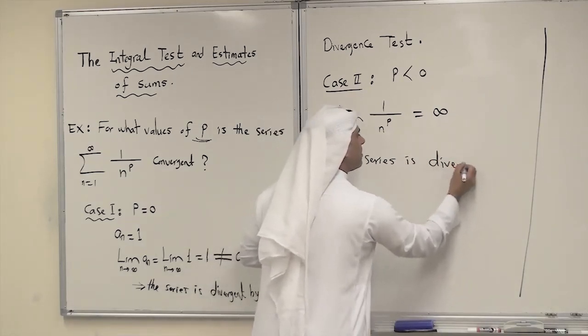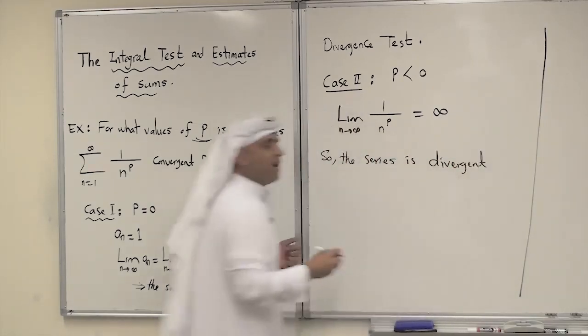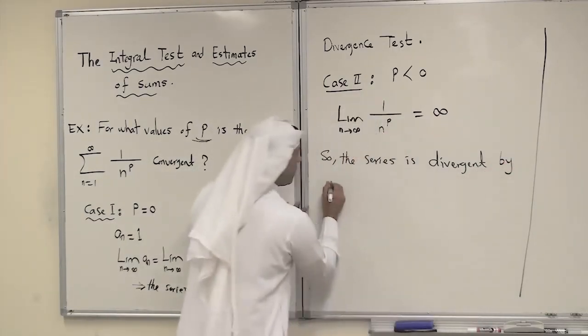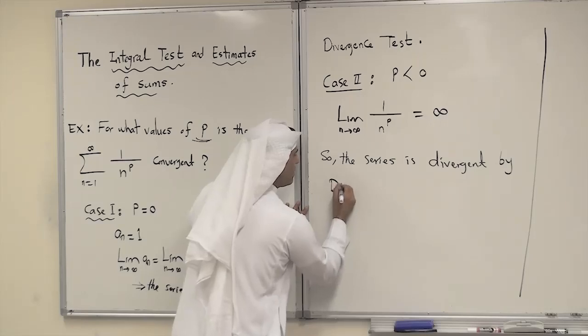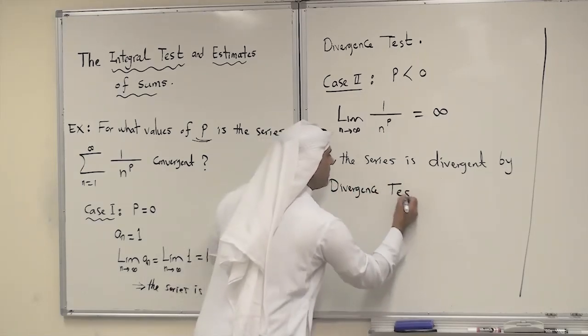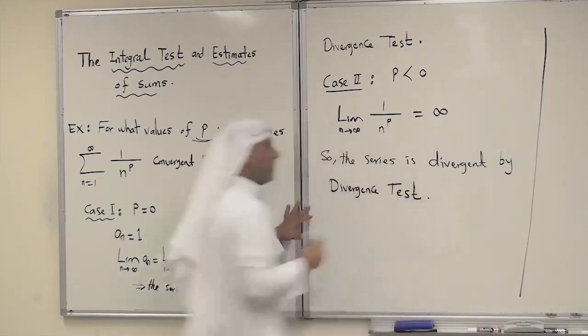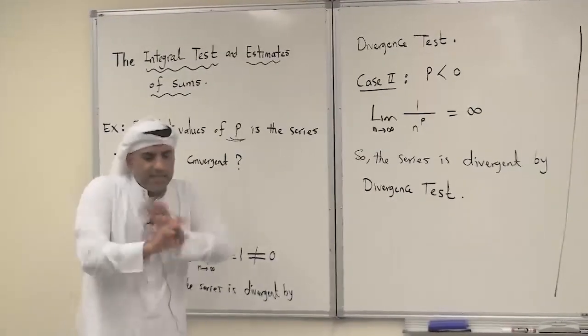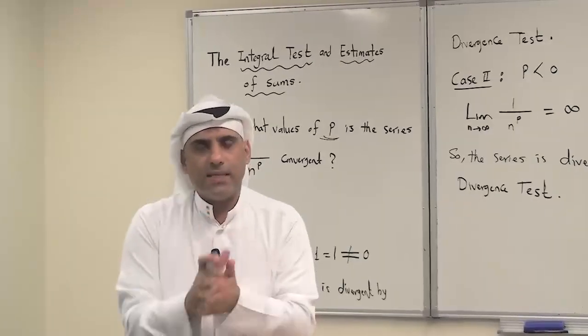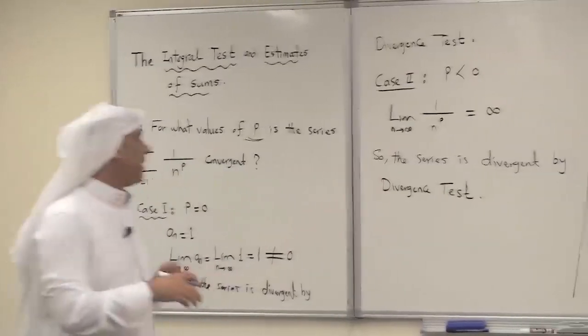Who says this? It is divergent by, again, the divergence test. The divergence test says, if you remember, if the limit of AN is not equal to 0 or does not exist, the series is divergent. That's exactly what we have.